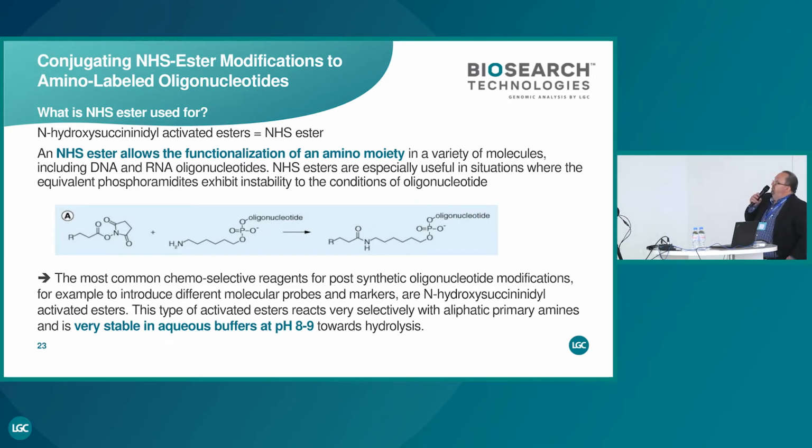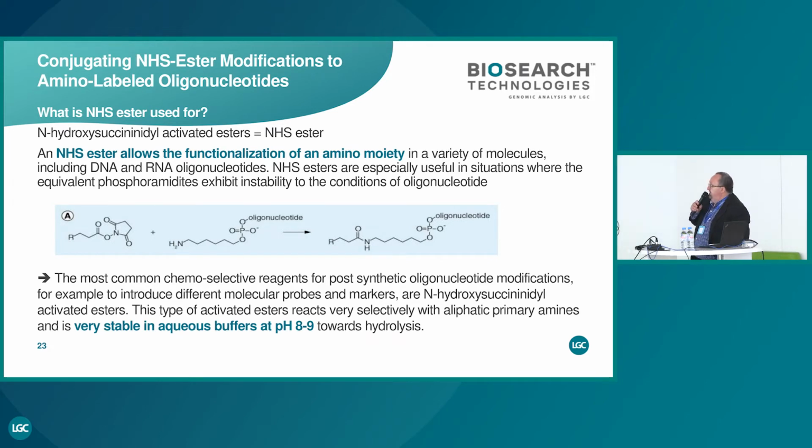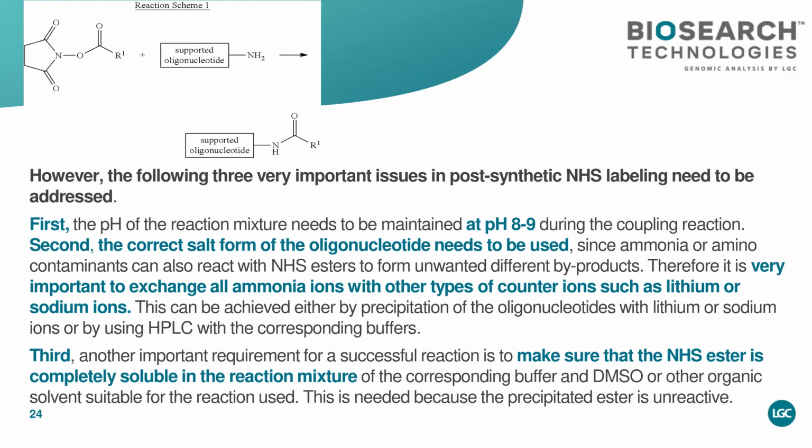You will make your oligo with an amino in 3', in 5', or even internally. And after, you can do a manual process to add the molecule you want, maybe a dye or something like that, on the oligo. It's very important to control your pH. You have to be at alkaline pH, around 8.9. If you are not at this pH, the reaction will not be so efficient. You have to keep in mind three things.